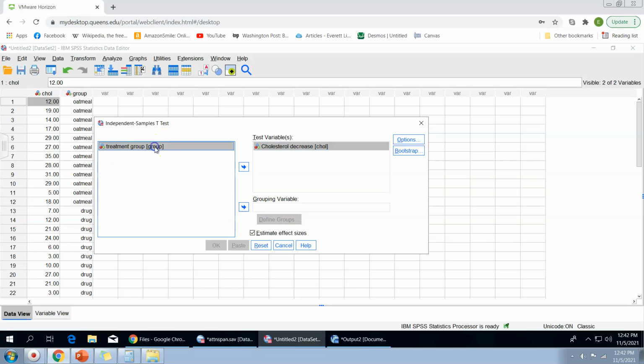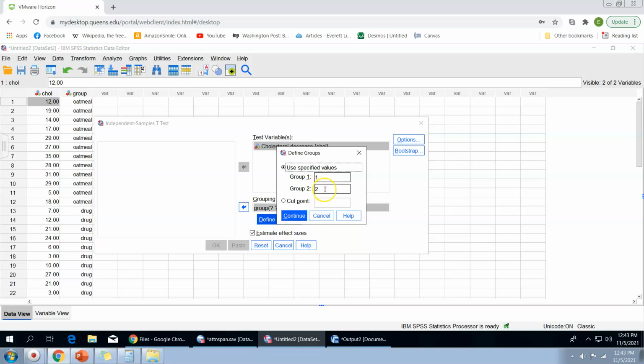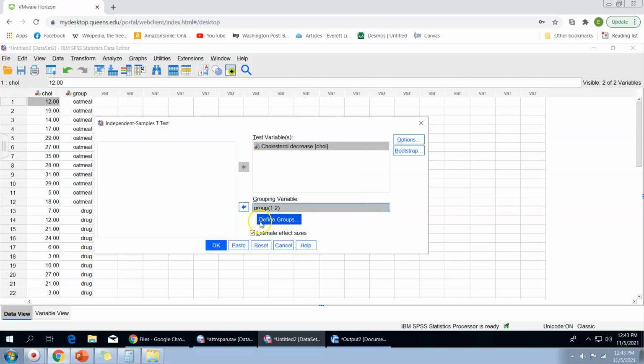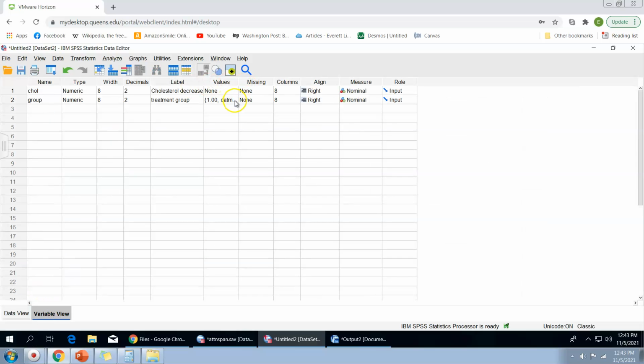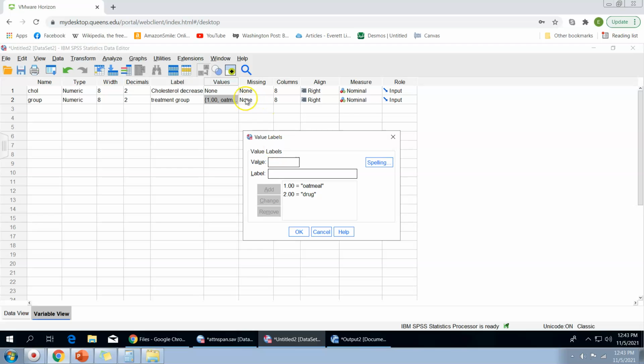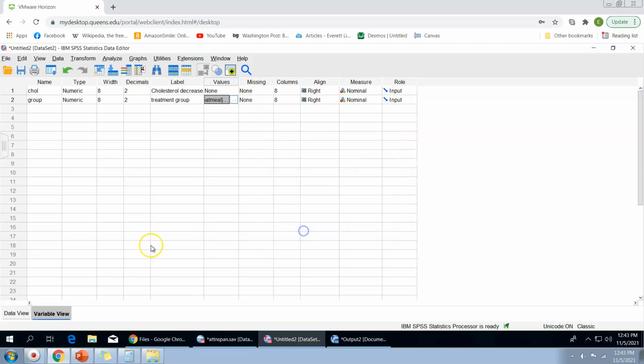And the treatment group, this is always going to be our categorical variable. And then under define groups, I put those in as 1s and 2s. So click continue and click OK. And you can see over here where if you look in the value labels, those are 1s and 2s.